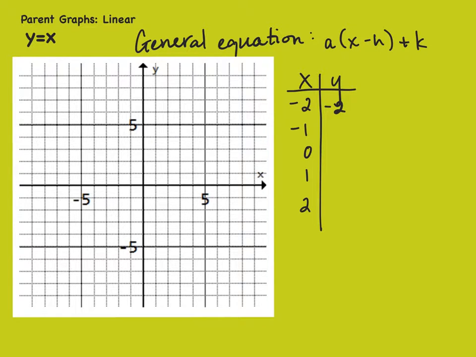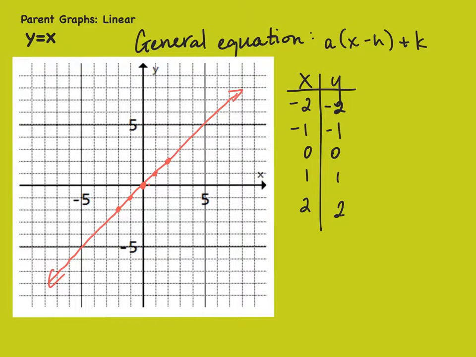If x is -2, so is y, and likewise for -1, 0, 1, and 2. As I graph those points, 0, 0, 1, 1, 2, 2, -1, -1, -2, -2, I create my line. That is definitely enough for me to know what my graph looks like.